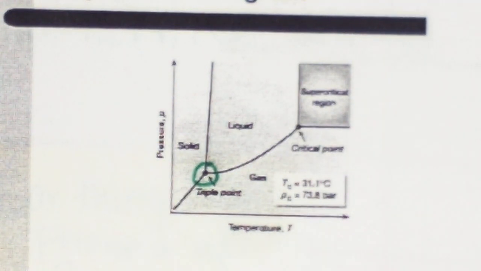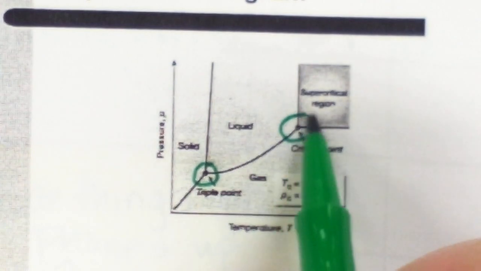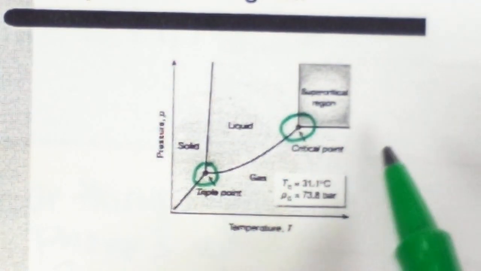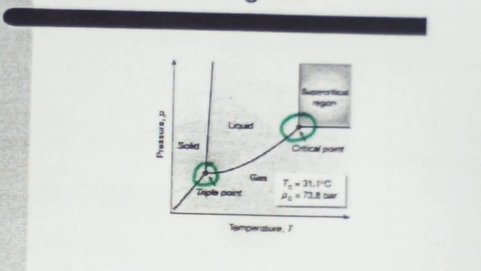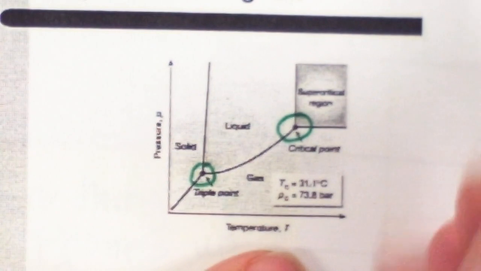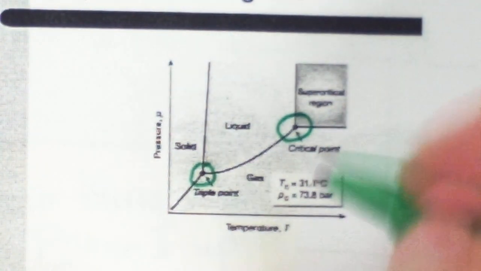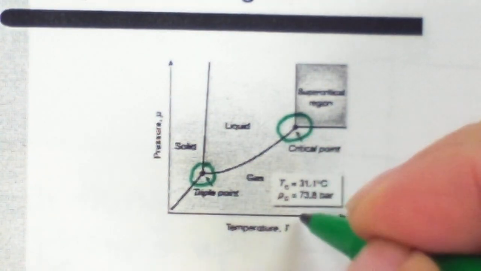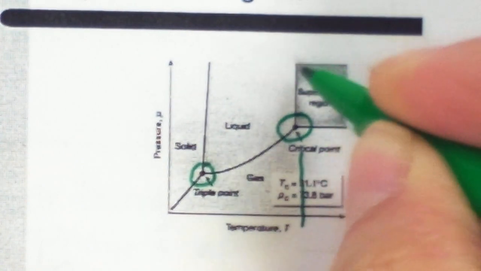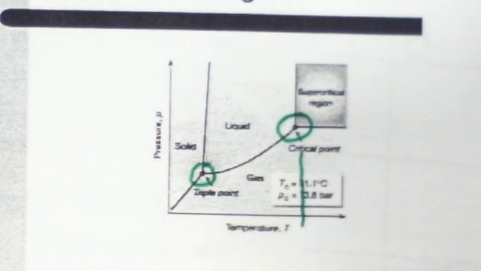All right, so the second point is the critical point. The critical point is the point at which the temperature is so high that no matter how much pressure you put on this gas, it will never go to the liquid phase.